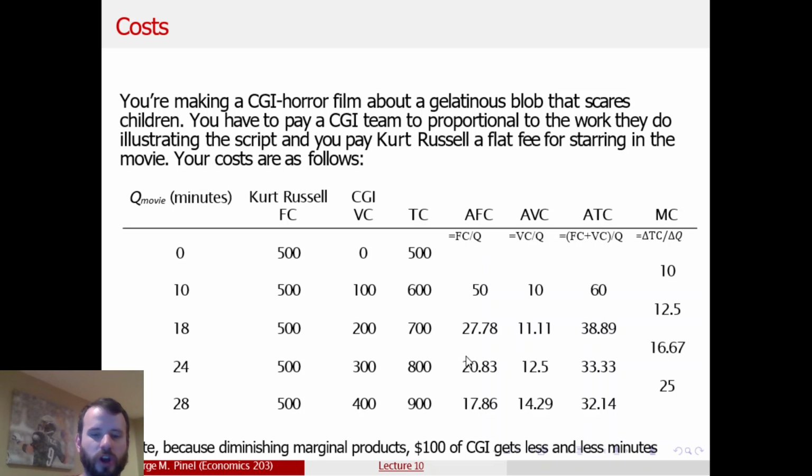So your average fixed cost will drop, but your average variable cost will increase, but probably by a lower rate than that by which the average fixed cost is decreasing, right? Because fixed cost usually starts pretty high. Average variable cost will decrease at the same rate as the marginal product diminishes.